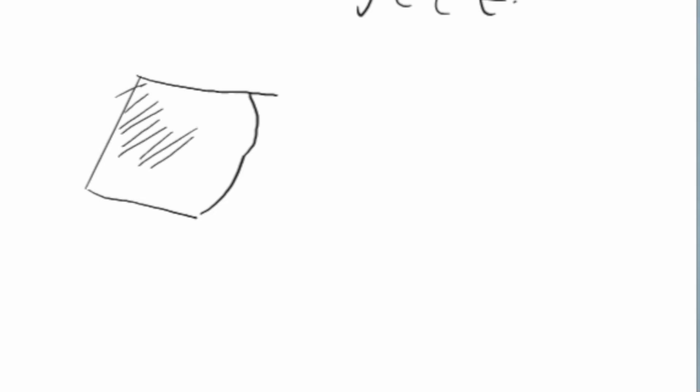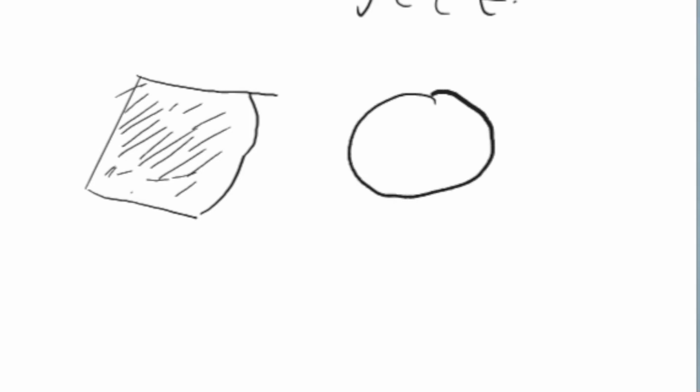So for instance, if I have this, let me just put any random object here. Okay, so this is just a sketch, a random object. The space that this object occupies is the area of this object.